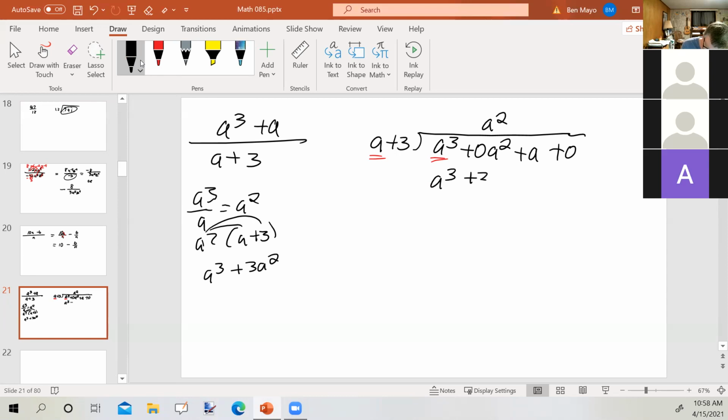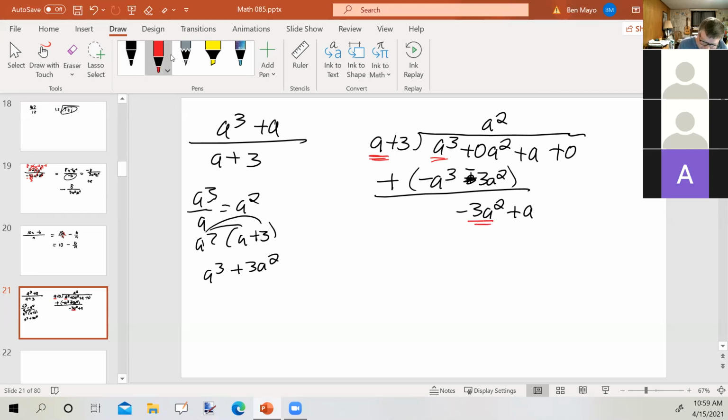I'm going to subtract that quantity from what's up above. Change it to addition of the opposite. A cubed plus negative a cubed is 0a cubed. 0a squared plus negative 3a squared is negative 3a squared. Bring down the next term and start over.